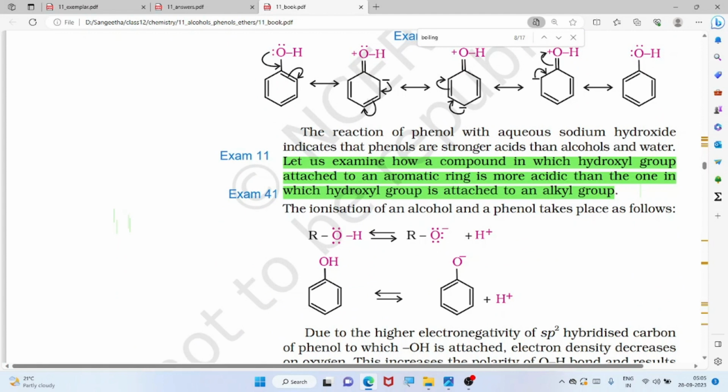The aromatic ring in which the hydroxyl group is connected is more acidic than one with the hydroxyl group attached to the alkyl group. So phenol is more acidic than the alkyl.